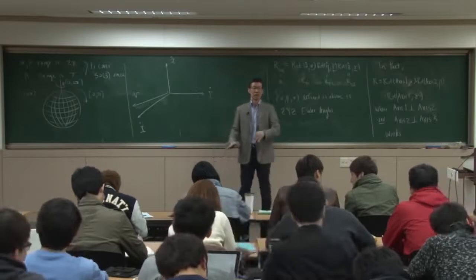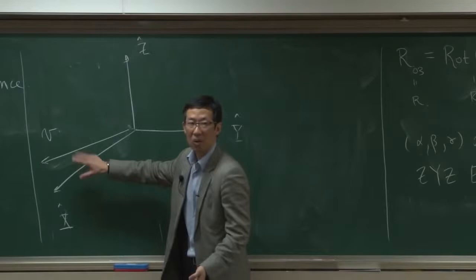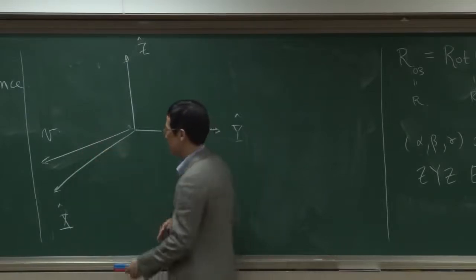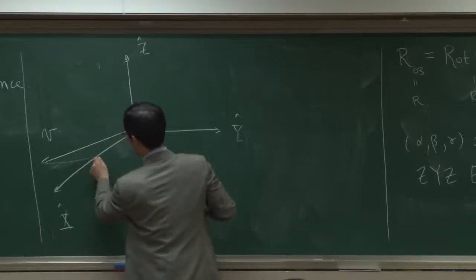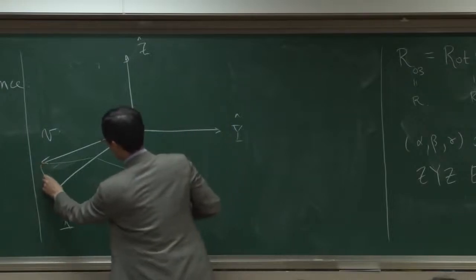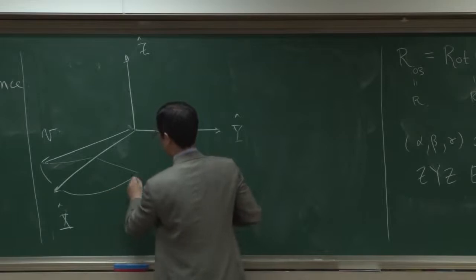I'm now going to rotate this vector v around the x-axis. It's going to rotate maybe something like that, so it goes to here.